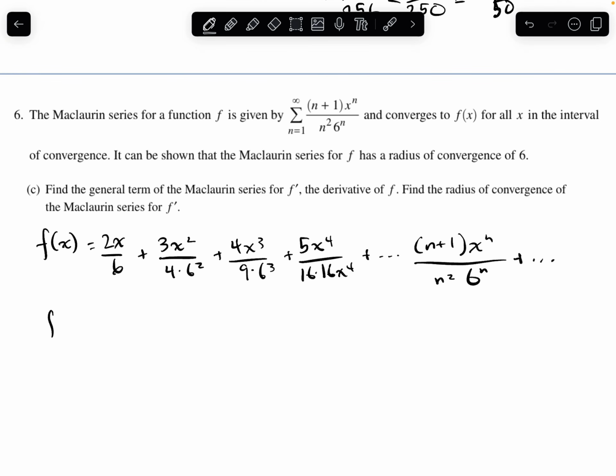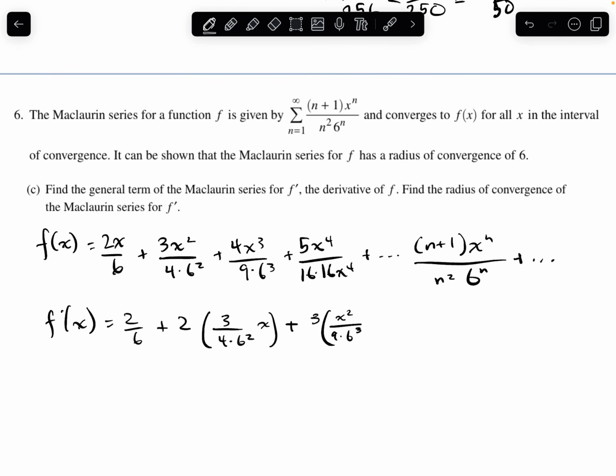Now, our next step is going to find f prime of x, which is the derivative of this series. Well, we're just going to go through and differentiate every single one of these terms. So 2x over 6 is just 2 over 6, plus 2 times 3 over 4 times 6 squared x, plus 3 times 4x squared over 9 times 6 to the third, and I'm just doing a little bit of simplifying right now.